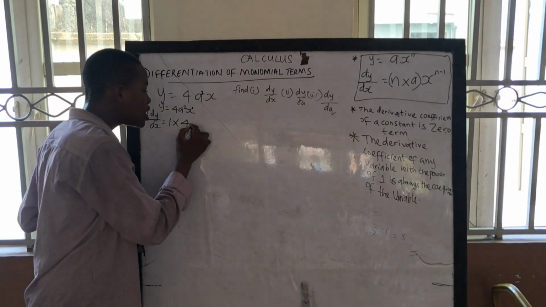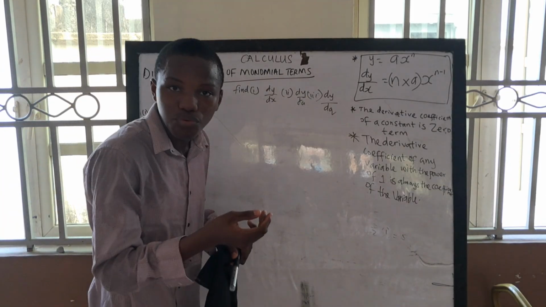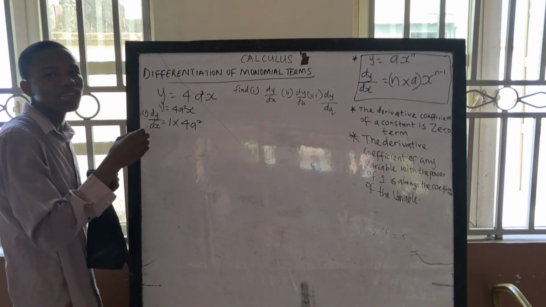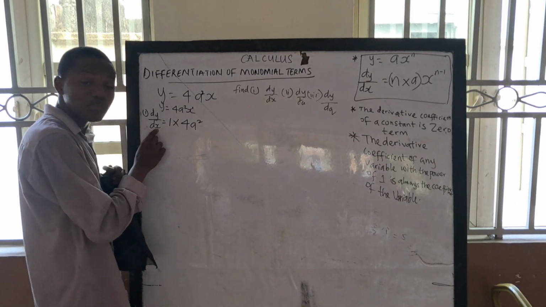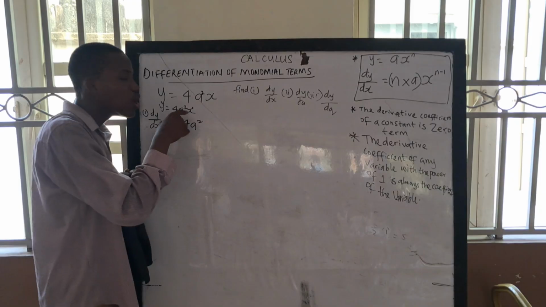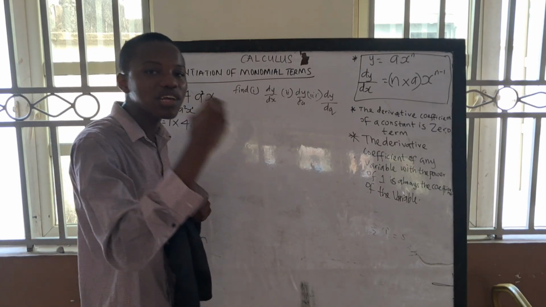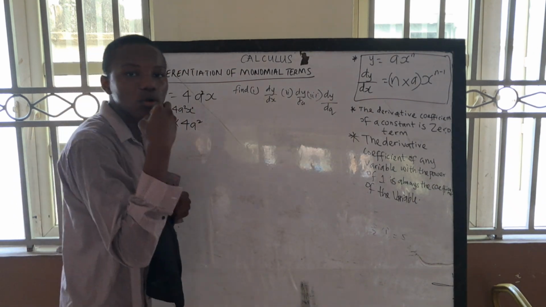What is the coefficient? 4a squared. Remember, coefficient is the part multiplying the variable. In this case, x is our variable, because we are differentiating with respect to x, while the remaining part becomes our coefficient. So this 4a squared is our coefficient.